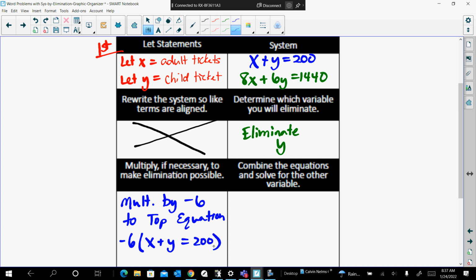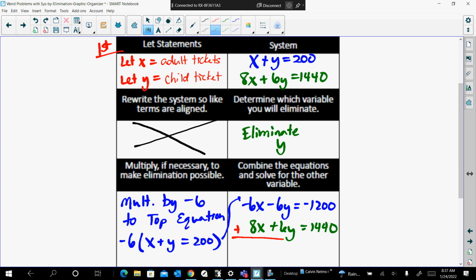All right, so when we multiply that, we get a new equation, right? So this becomes -6x minus 6y equals -1200. And then we're going to keep this second equation the same. 8x plus 6y equals 1440. And now I have my y's lined up, and now they're opposites of each other, right? Plus and minus, so we can cancel them.